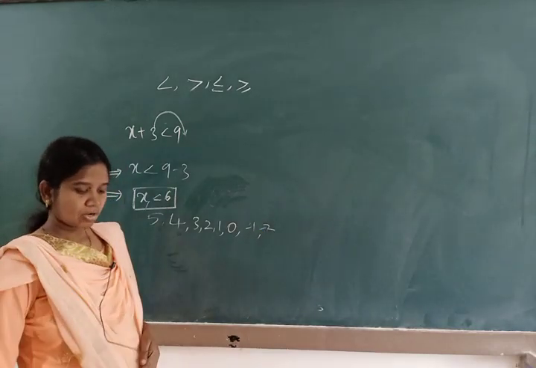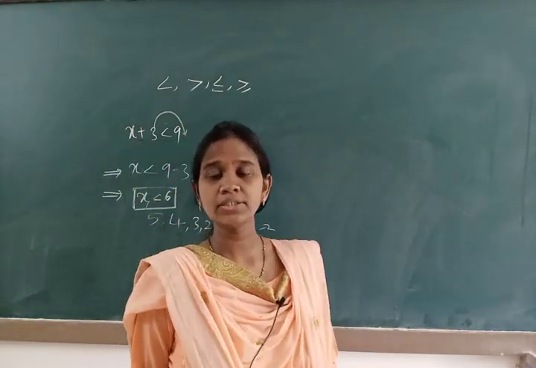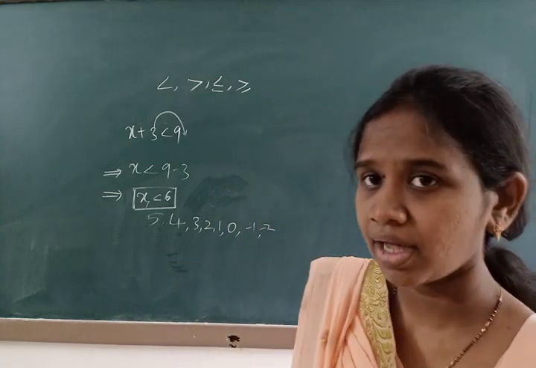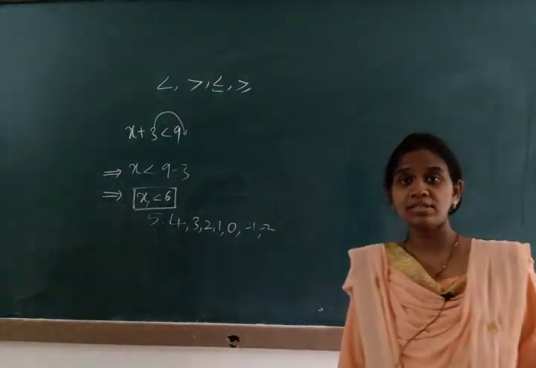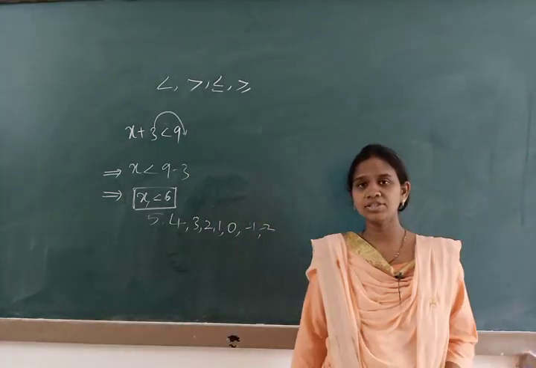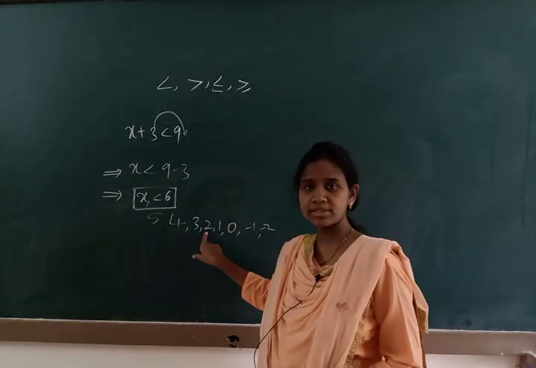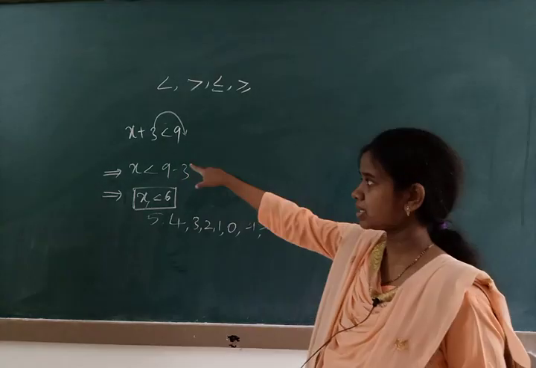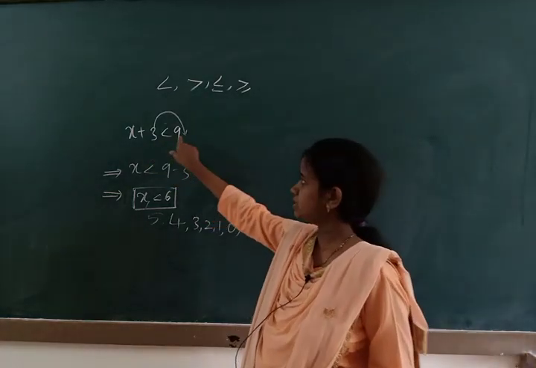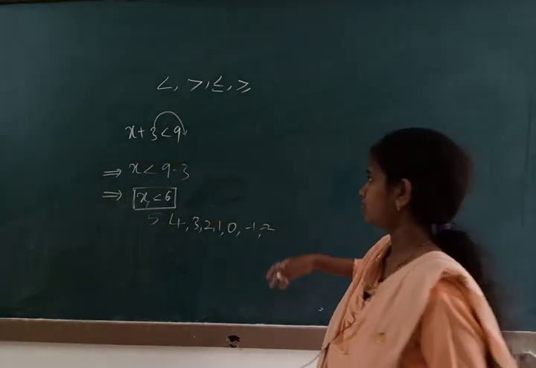Any number lesser than 6 that you choose and substitute in the given inequality will satisfy it. Shall I choose 2? Is it lesser than 6? I will substitute here: is the LHS lesser than 9? We will check it out.